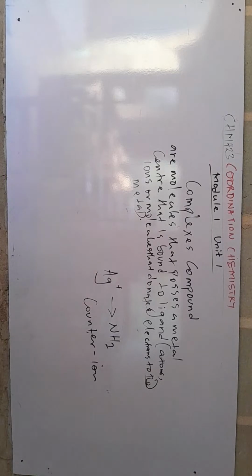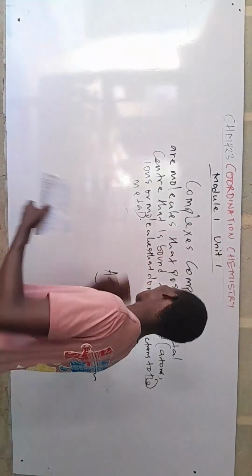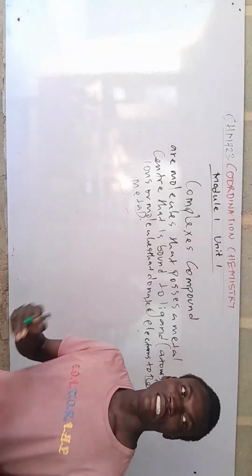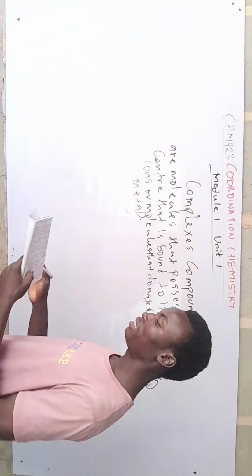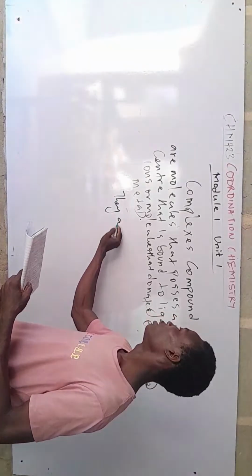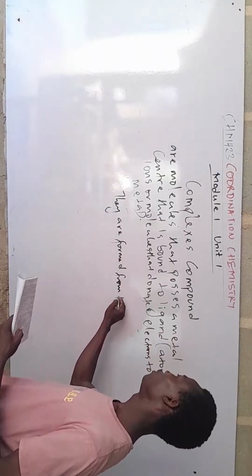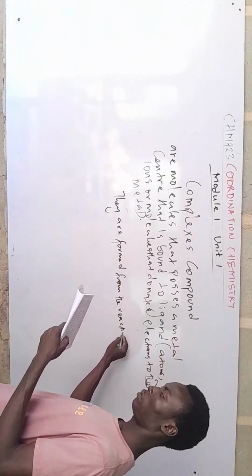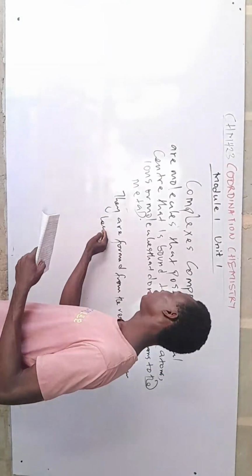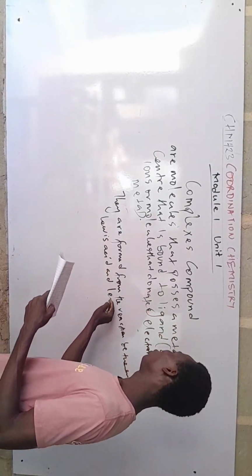Okay, so if they ask you, how are these complex compounds formed? The definition you can give them here is that they are formed from the reaction between Lewis acid and Lewis base.